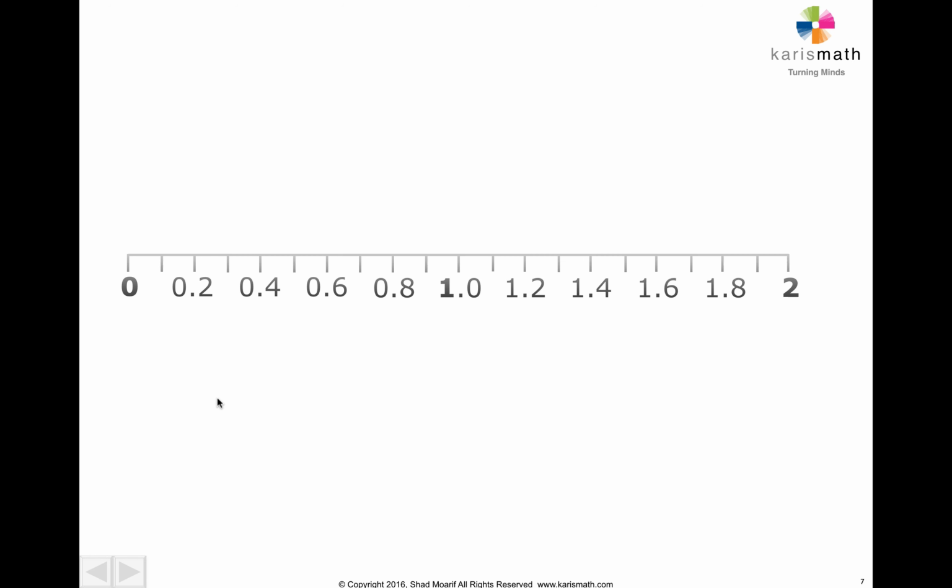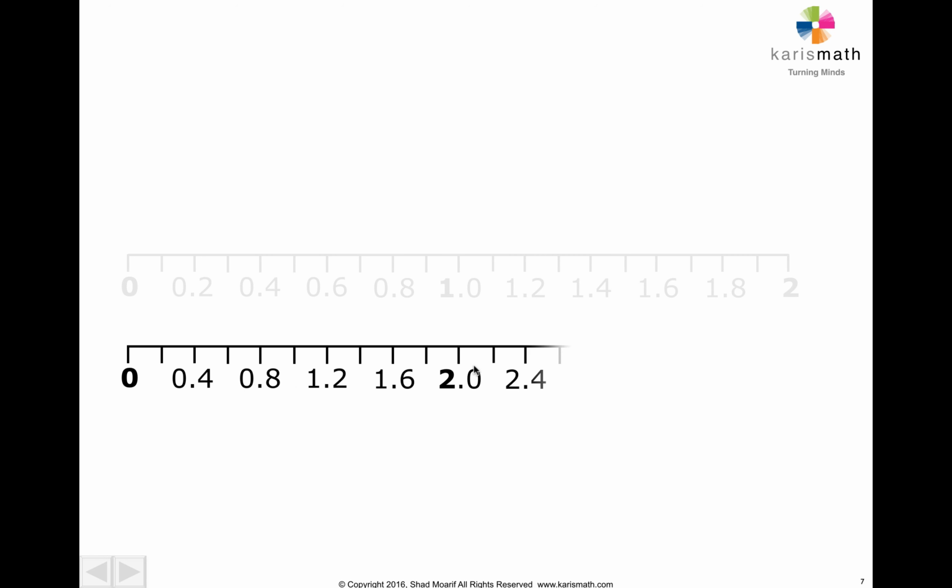So if we do this, we can make 0 to 2 from here to here and 2 to 4 from here to here. So this is a scale from 0 to 4, where this is 1 right there, 0 to 1, 1 to 2, and 2 to 3 would be around there and there. You see the scale? 0, 1, 2, 3, 4. So it's 4 whole units long, this scale.